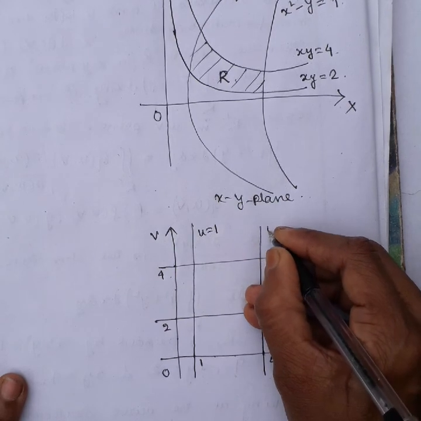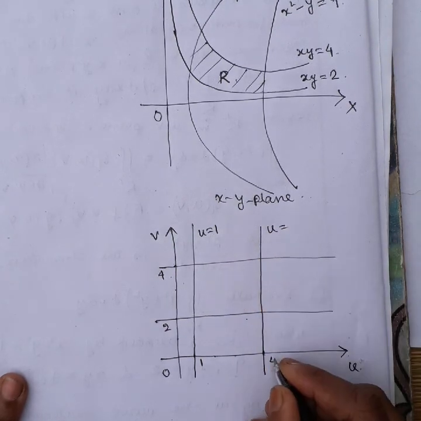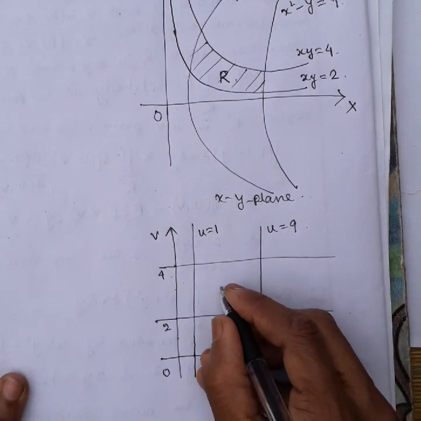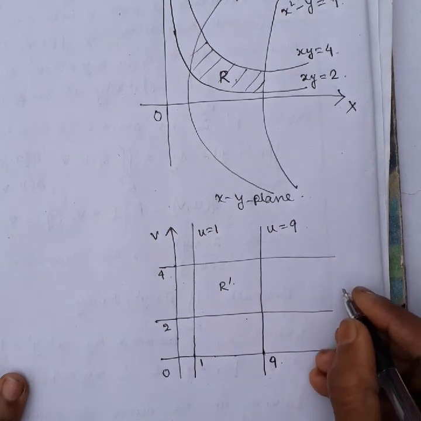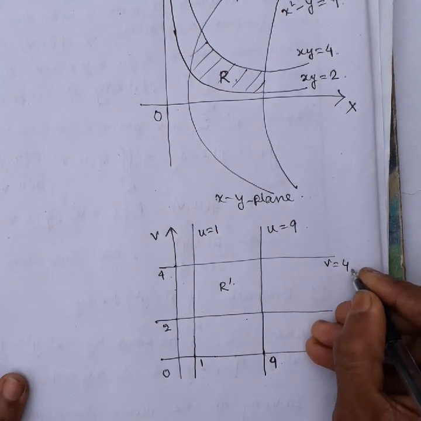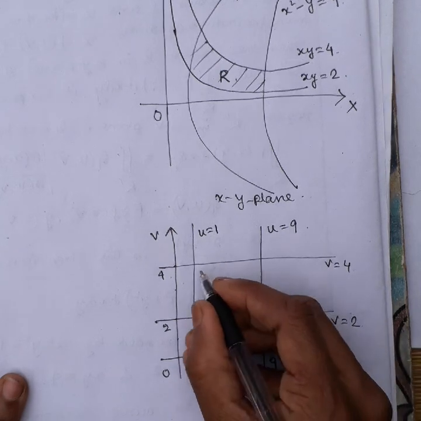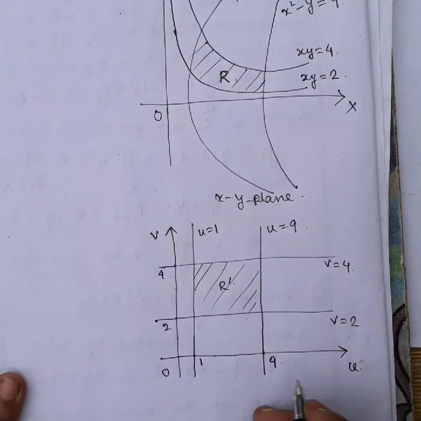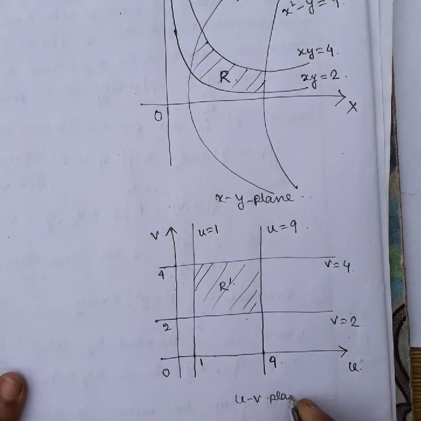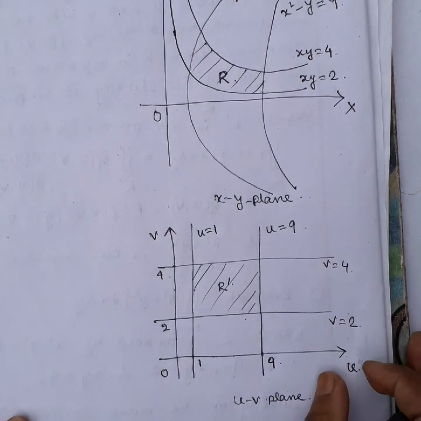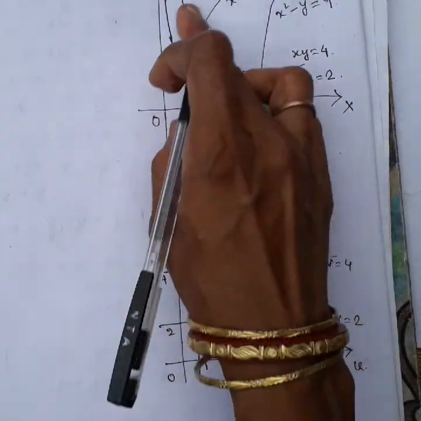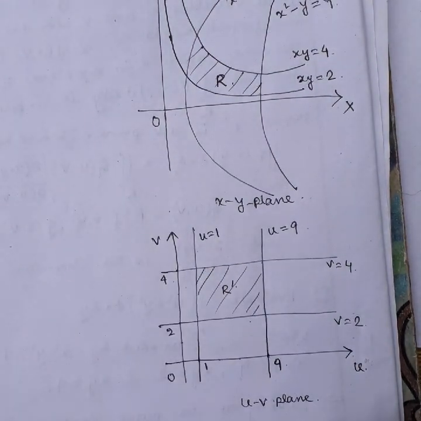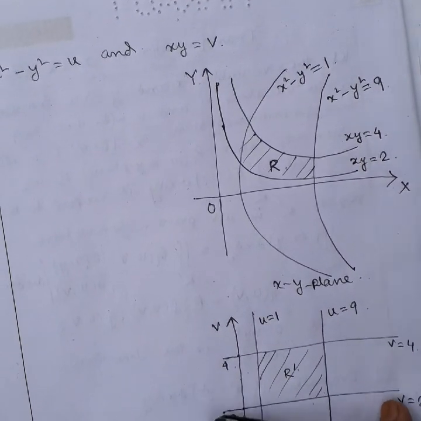This is R dash, bounded by v equals 4 and v equals 2. This is the uv plane. Clear? So this is our original region and this is the transformed region.